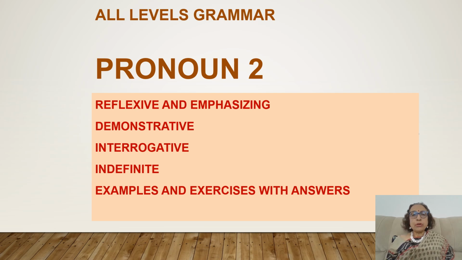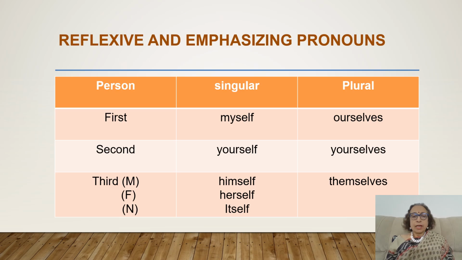Let us first go to the reflexive pronoun. Here you find a table where you have the pronouns which can be used both as reflexive and emphasizing. Reflexive and emphasizing are two different functions, but the structure of the pronoun is exactly the same. In the first person, we say for singular, myself, and for plural, ourselves.